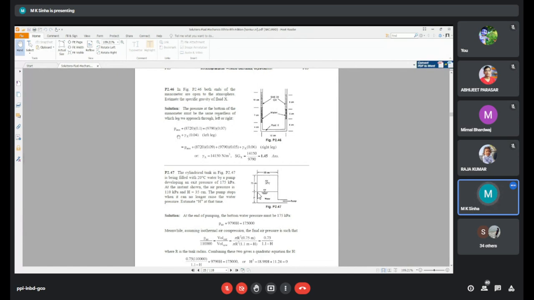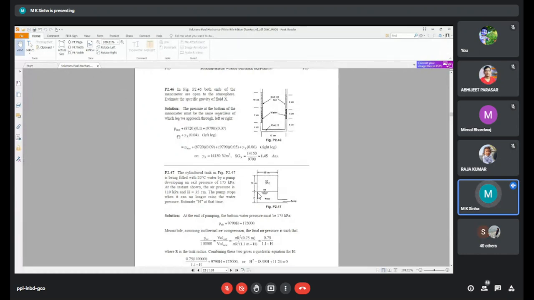So P atmospheric, then pressure due to the 10 centimeter of oil: 8720 into 0.1, plus the 7 centimeter height of water, rho g, taken here as 9790, into 0.7 plus the fluid X, whose rho g is unknown, gamma X, into the height in meter, 0.04.